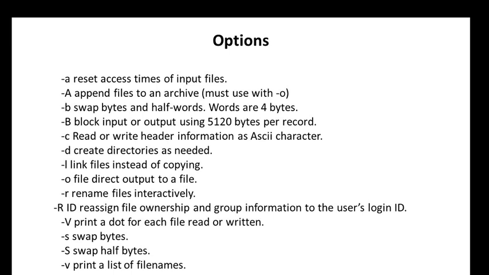Capital R ID reassigns file ownership and group information to the user's login ID. Capital V prints a dot for each file read and written. Small s swaps bytes, capital S swaps half words, and small v prints a list of file names.